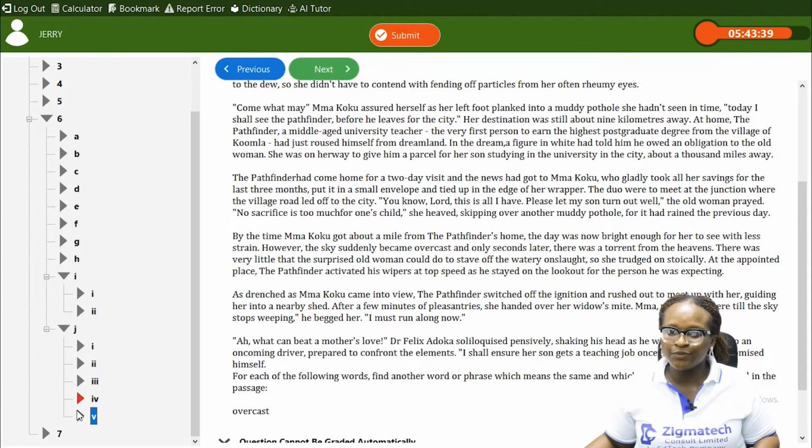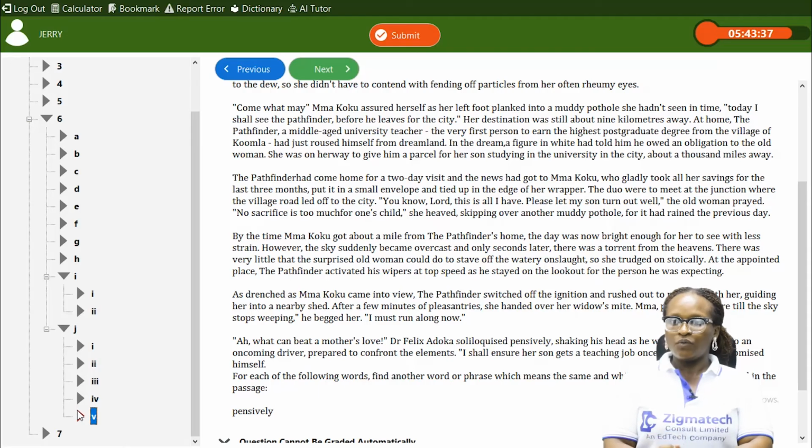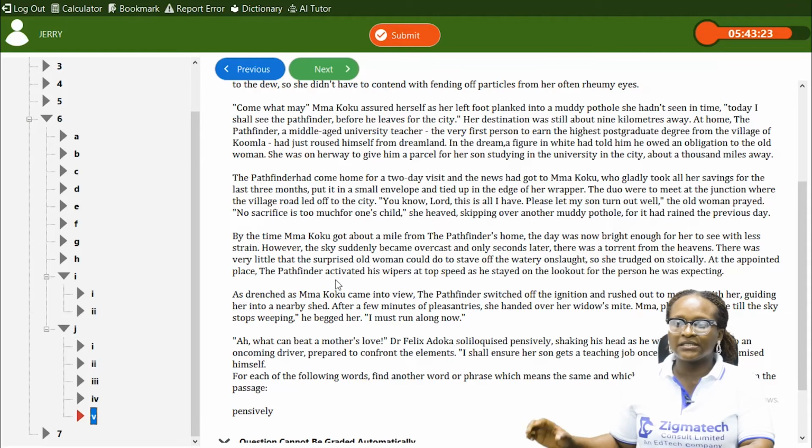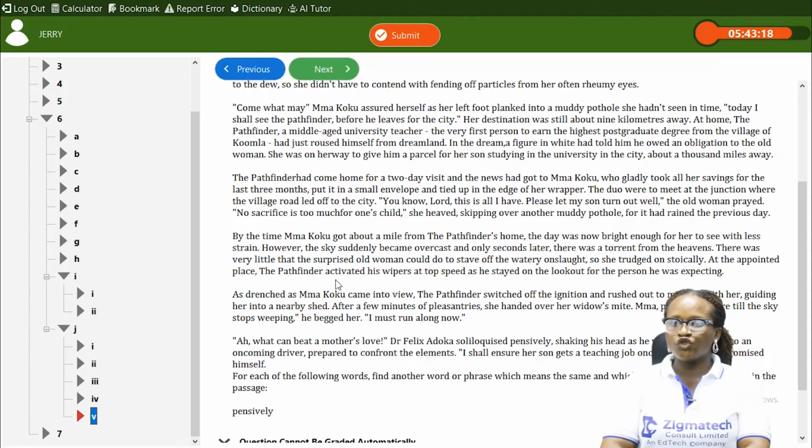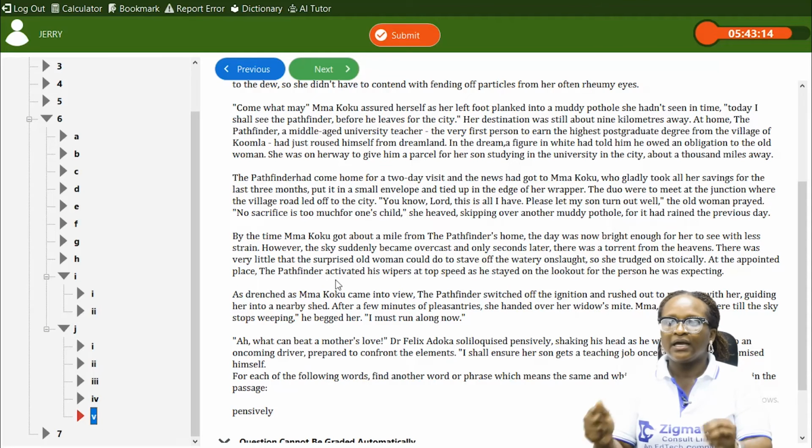That's it. So the last but not the least, pensively. Where do we have that word? We need to find it. So overcast, obviously we need to go down. Or should we have it next paragraph? It says, as drenched as Makoko came into view, the pathfinder switched off the ignition and rushed out to meet up with her, guiding her into a nearby shade.